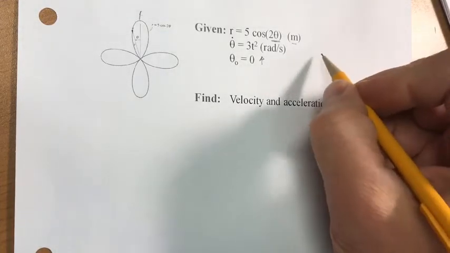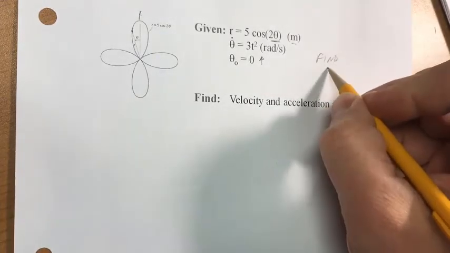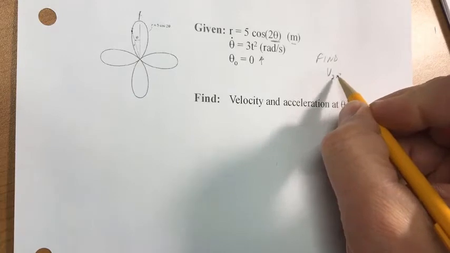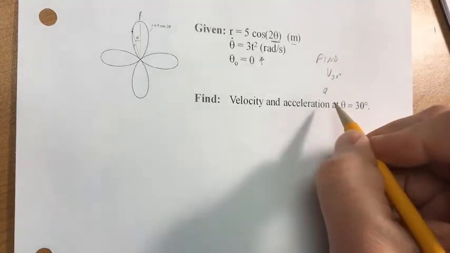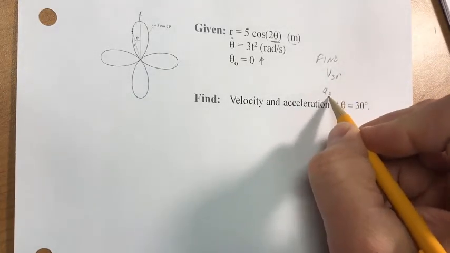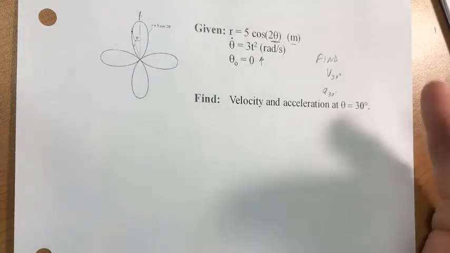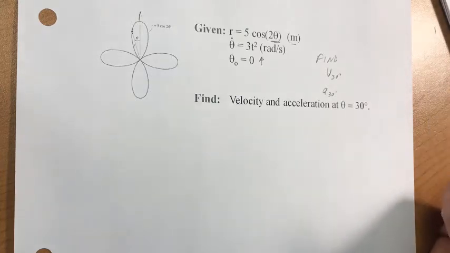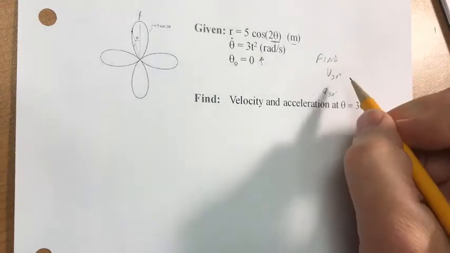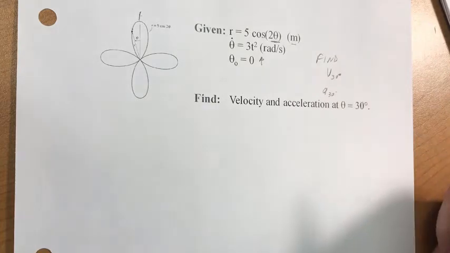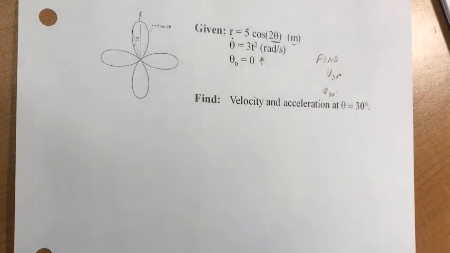So we want to find v at 30 degrees and acceleration at 30 degrees. And these could be the vector at that point. Since they don't ask for the magnitude, we could leave it in vector form, but we'll also find the magnitude of these, which would be really hard to find without this principle.